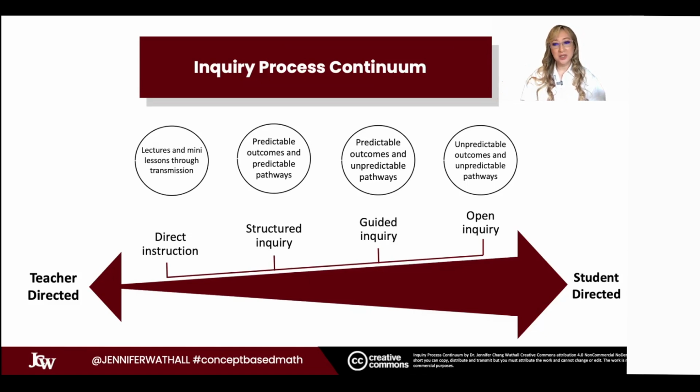Now, we can also start with open inquiry. So let's say that we ask our students to generate lots of questions about a particular topic or a prompt or a visual or some kind of provocation that you share. We could then within the lesson be moving to guided, structured, or direct instruction, because maybe in order for students to complete that open inquiry, they're going to need some direct instruction or structured inquiry to help them complete that open inquiry.